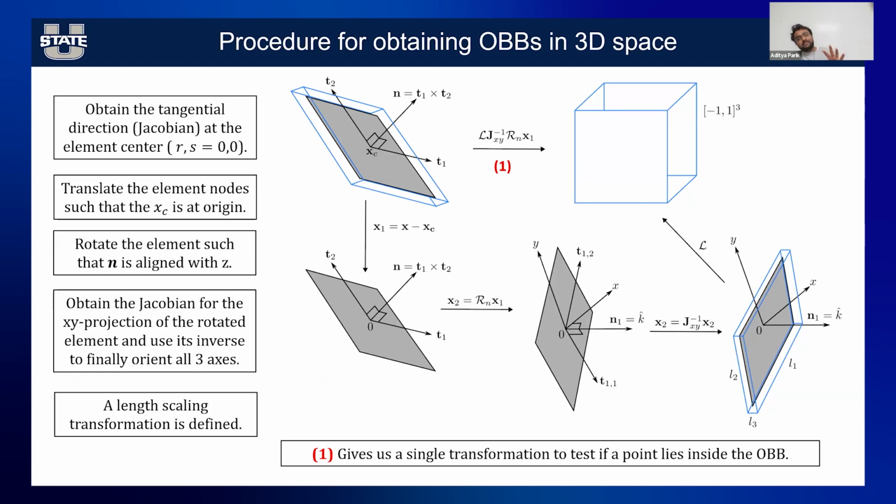And then we calculate the Jacobian of that rotated, projected set of coordinates. We can do that by just transforming the original tangents by the same rotation. Once we have done that, we create a bounding box and scale it to a different size. And then all the transformations, when applied to the original physical space, give us information on whether the point is within the bounding box or not.